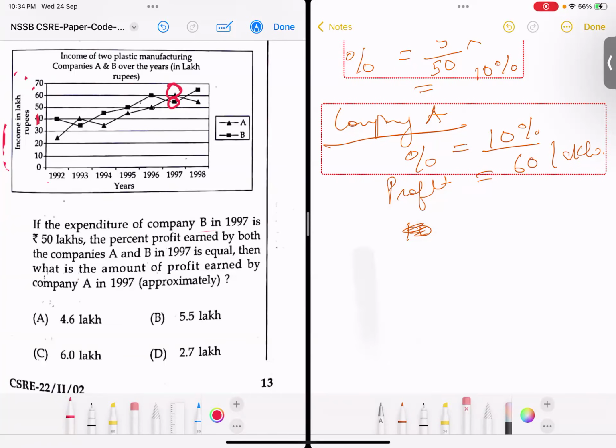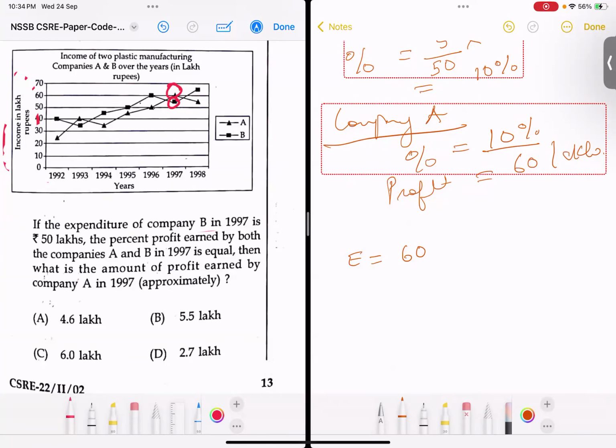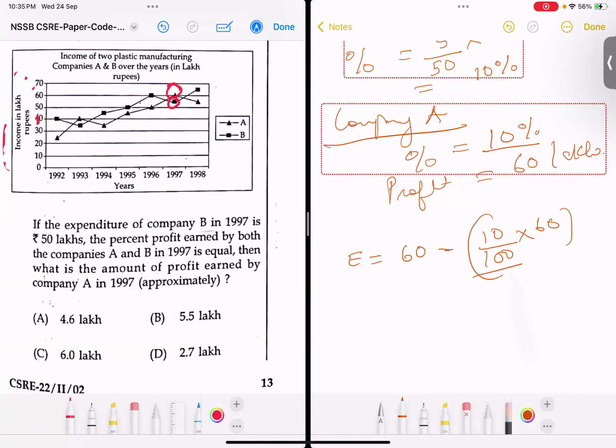Now, what is the expenditure? 60 lakhs is the income, so out of the 60 lakhs we are going to subtract the 10% profit that he has earned, and that will be the expenditure.